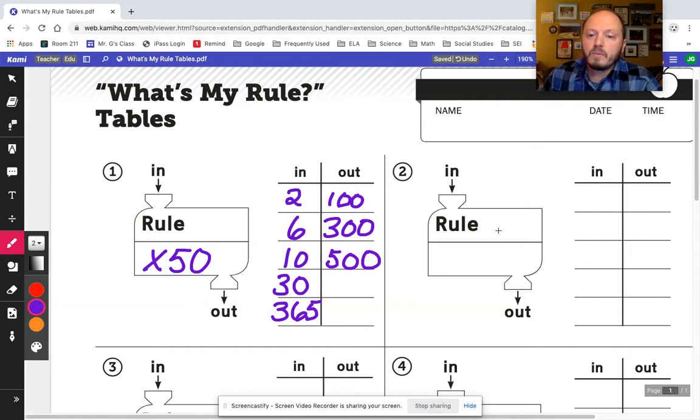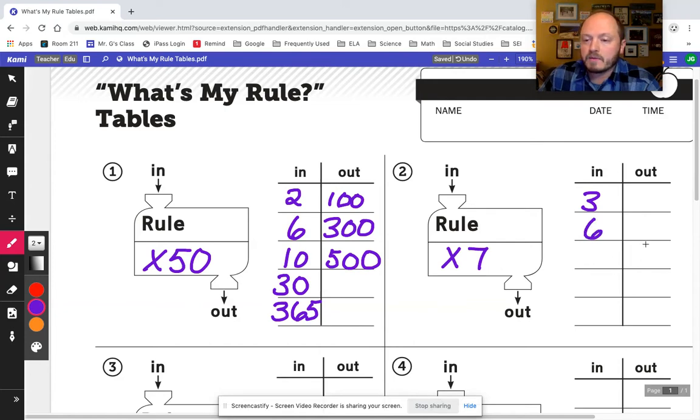So now what if we had a similar rule? Let's say we had, times, I don't know, 7. And we had some of the in column coming in, but we didn't have all of them. Some of them we actually knew the out column. So let's say, for example, we have 3 and 6.